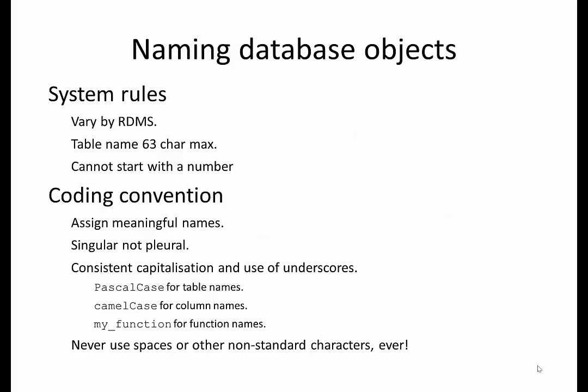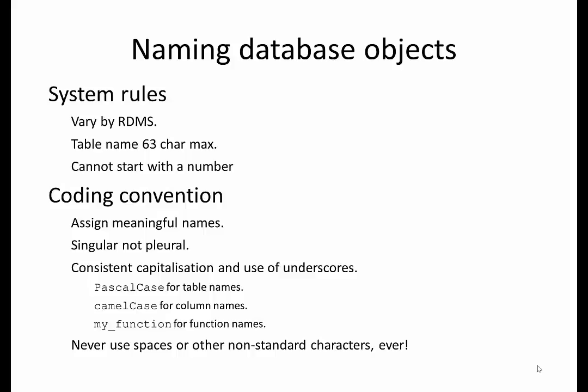Okay, so first things are, you've got choices about how you name things in your database. So first of all, they vary. The rules about what you can call things like tables and columns and domains in a relational database are going to vary by the database. They all have their slightly different rules.